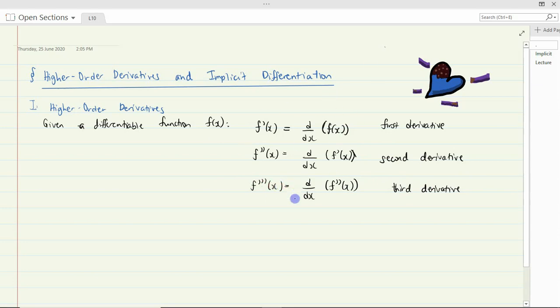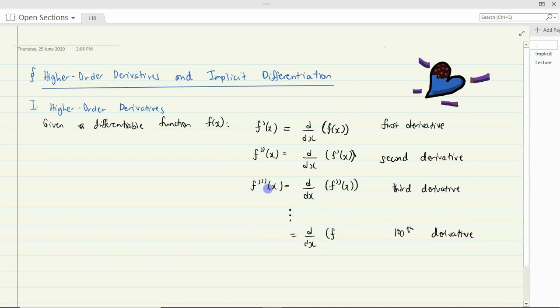Kaya naman pag kinontinue natin to, ibig sabihin kahit gaano kalaki yung number, halimbawa, gusto nyo yung 100th derivative, paano natin yan makukuha? We just need to differentiate with respect to x the preceding derivative. So, ano yung preceding derivative? It's the 99th derivative. Paano natin dinedenote yun?